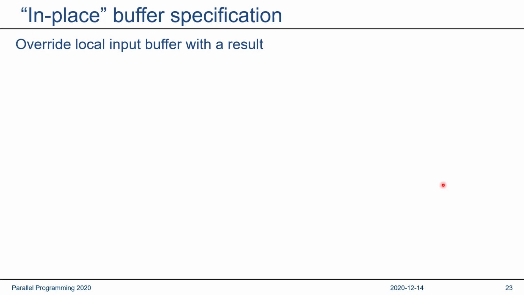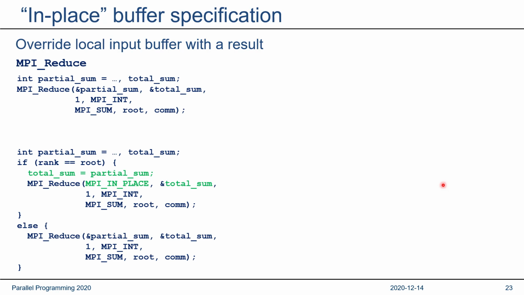So sometimes you need 2 buffers, and the global operation requires a copy at the root rank, for example. This could be optimized by telling MPI we don't want that, and that the local operation should not take place, that the receive buffer should be the same as the send buffer. This is what the in-place buffer specification is for.